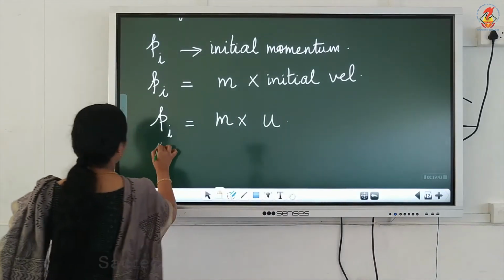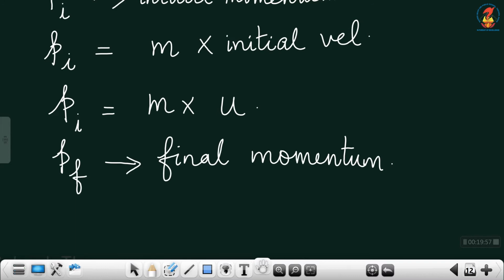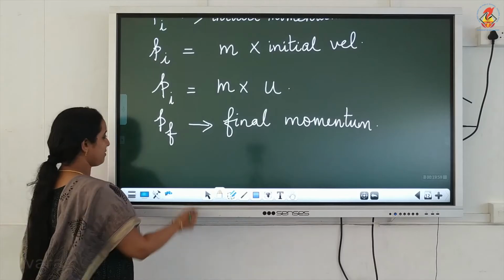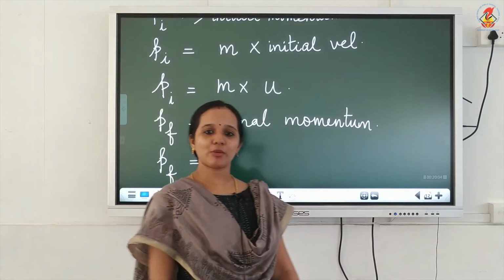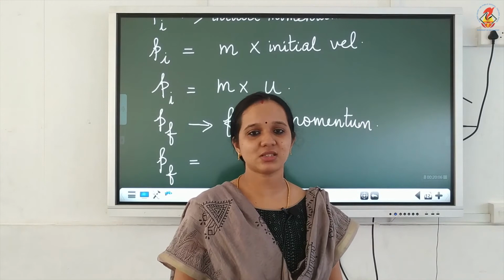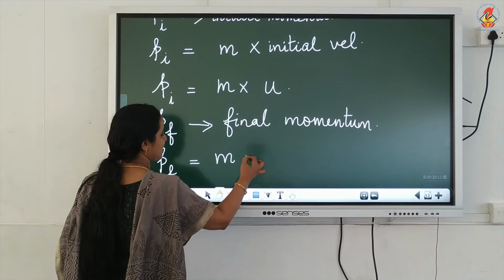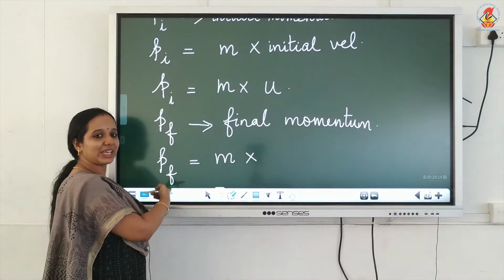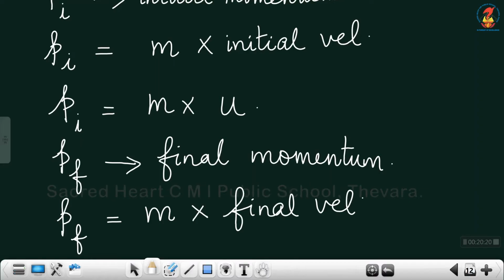So, let Pf be the final momentum. Again we know that the formula to find momentum is mass into velocity, so Pf can be written as mass into final velocity.